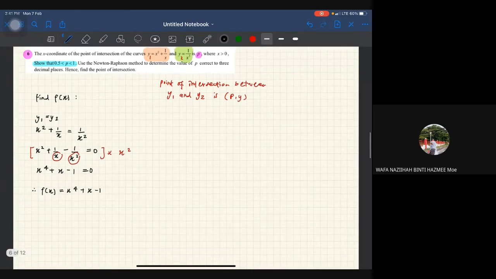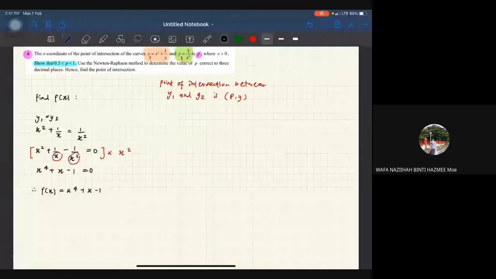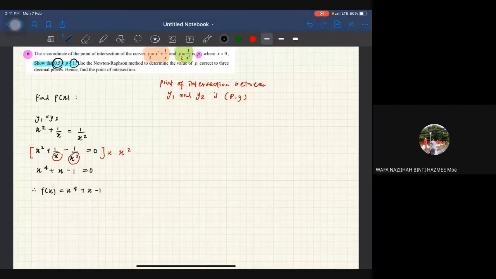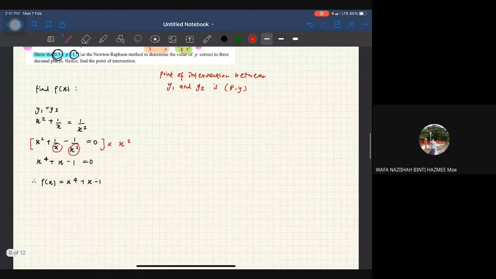So sekarang awak mesti masukkan value of 0.5 and also 1. Okay, so we find what is f 0.5. Substitutekan sahaja nilai x power of 4 plus 0.5 minus 1. What do you get for this one?